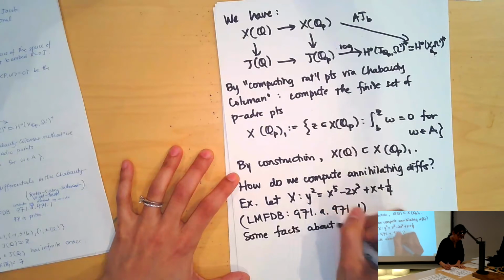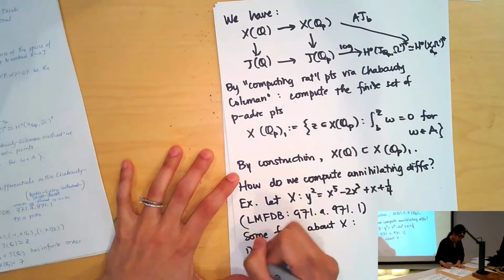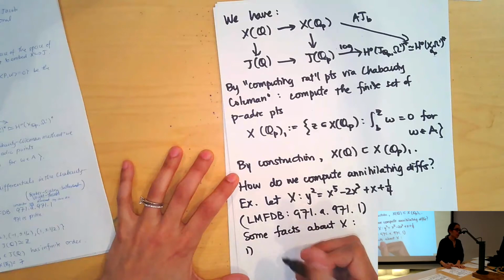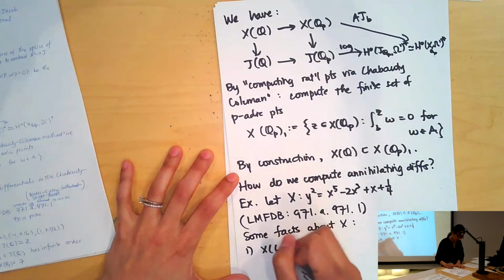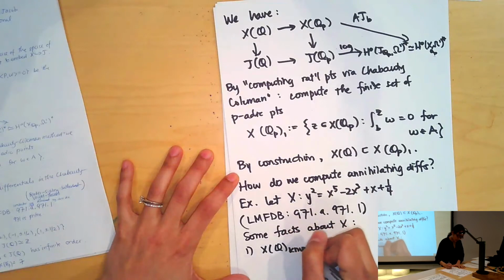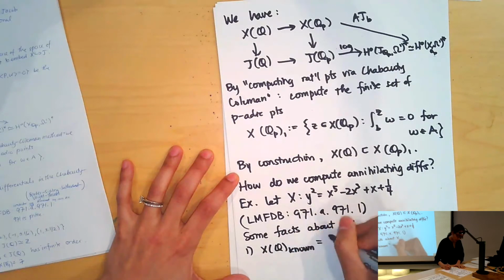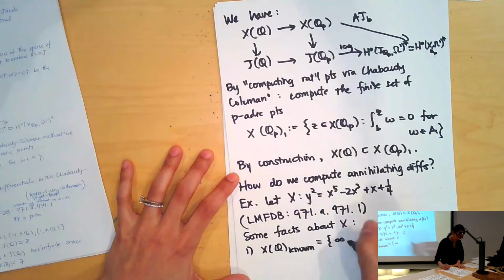about this curve X. We can look for rational points up to some height bound, searching in a box. I'll call that X(Q) known. We have a point at infinity, and then 0 plus or minus a half, minus 1 plus or minus a half, and 1 plus or minus a half.